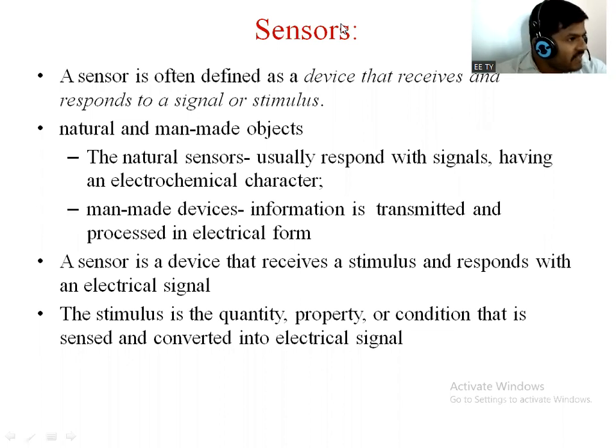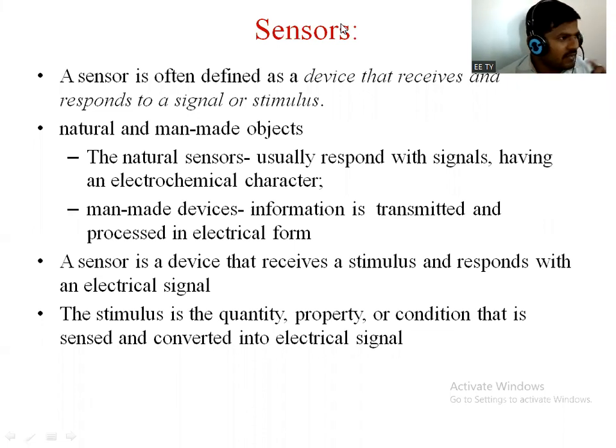It is one type of quantity, one type of property, or the condition that can be sensed and converted into an electrical form. So it is a stimulus, right? And the sensor will receive that stimulus and respond in the electrical form. This is the sensor definition, and we have used here the word stimulus.